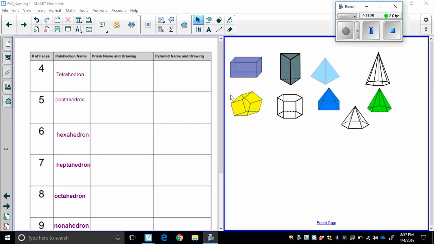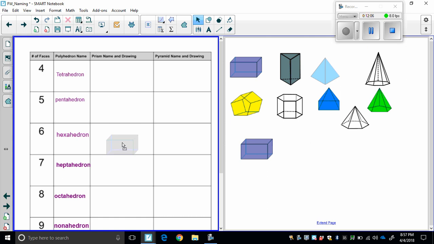So we're going to wrap up here with taking these solids on the right and placing them in places on the left. We're not going to go through the whole chart, but we'll do all 9 of these solids. So one way to think about this is maybe start with prisms. So this is a prism right here that I'm moving around. So it has to go into one of these.